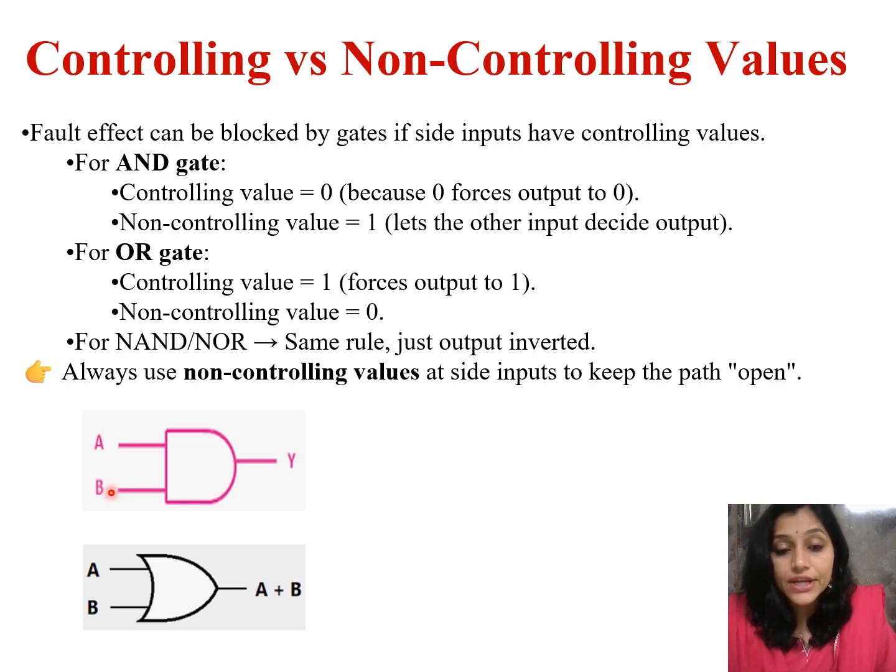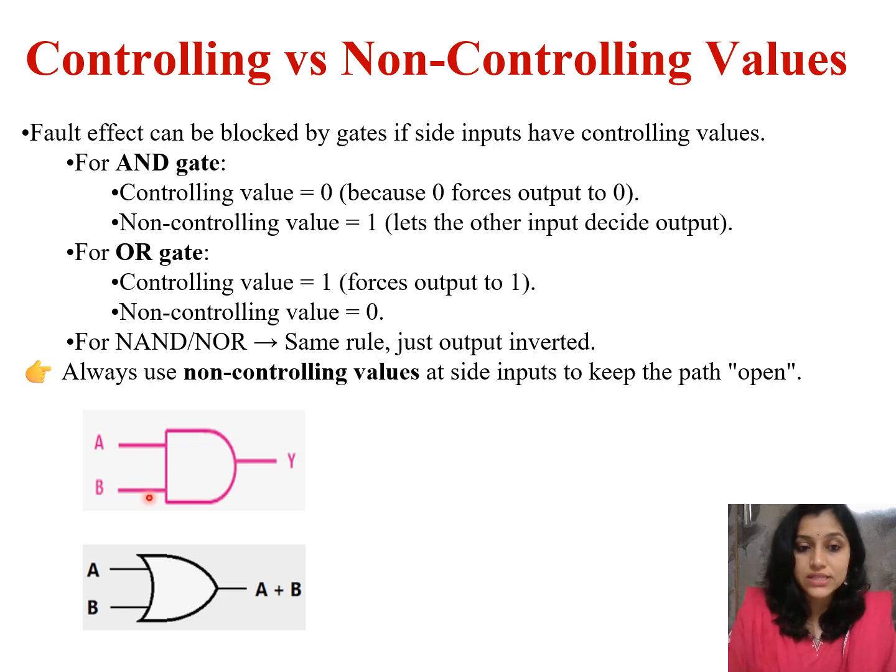It means it will not affect my output Y. Let's say in the case of an AND gate, if B equals 1, what is output Y? If A is 0, Y is 0. If A is 1, Y is 1. So B is 1. That 1 is a non-controlling input, whereas if I apply 0 at B, then directly my output will become 0 instead of depending on the value of A.